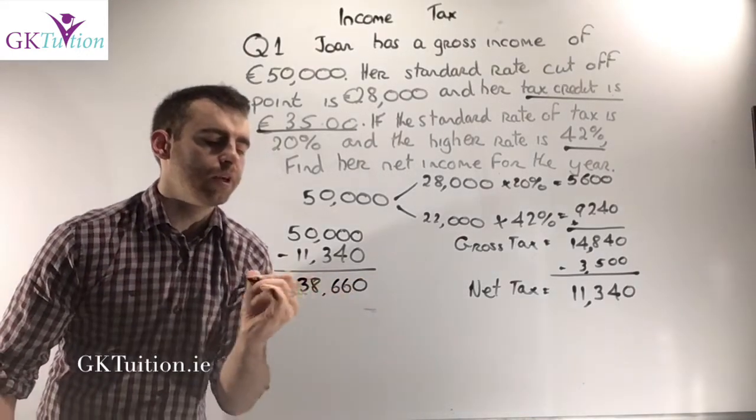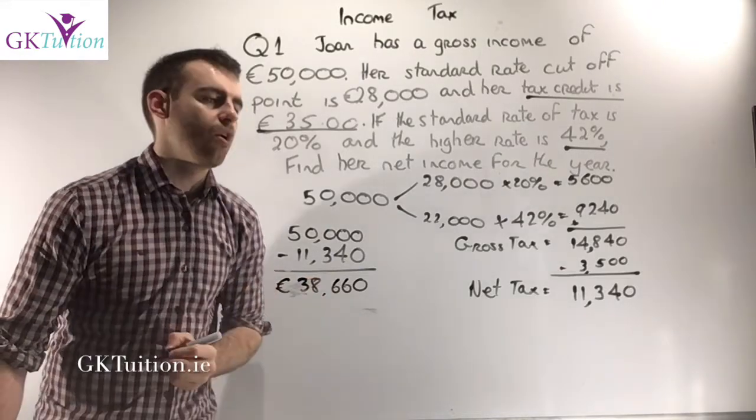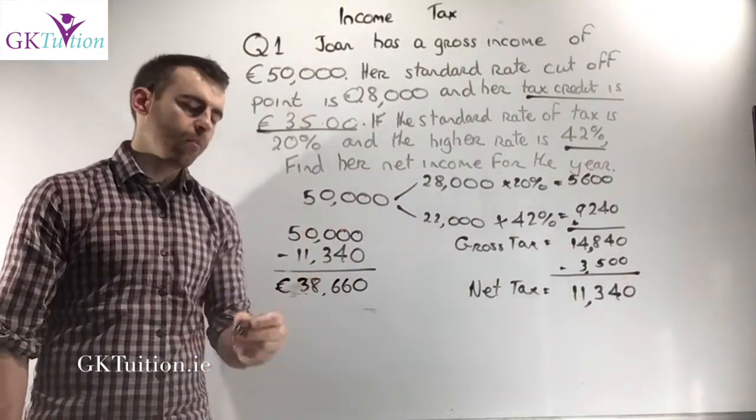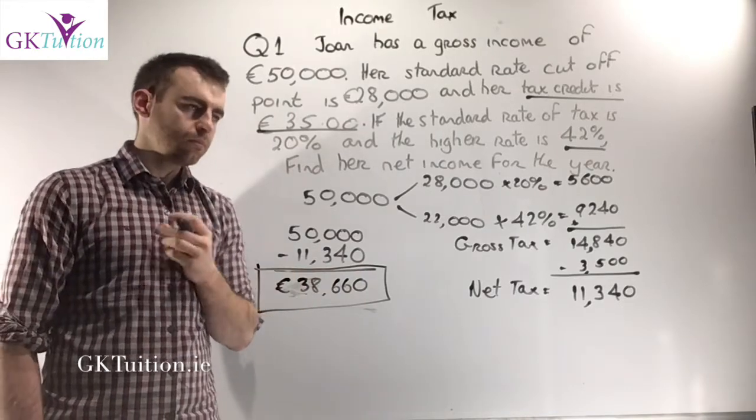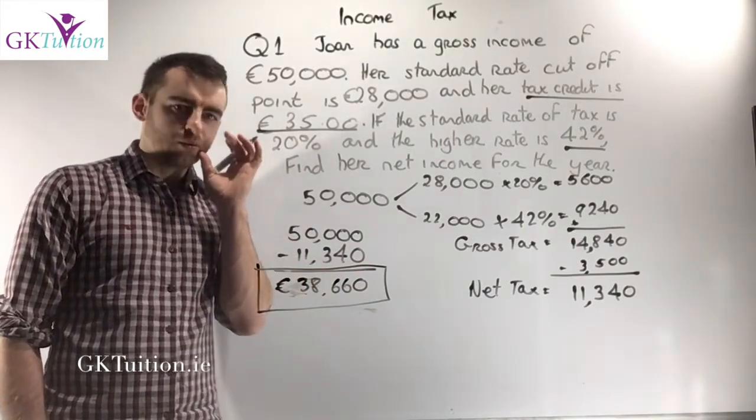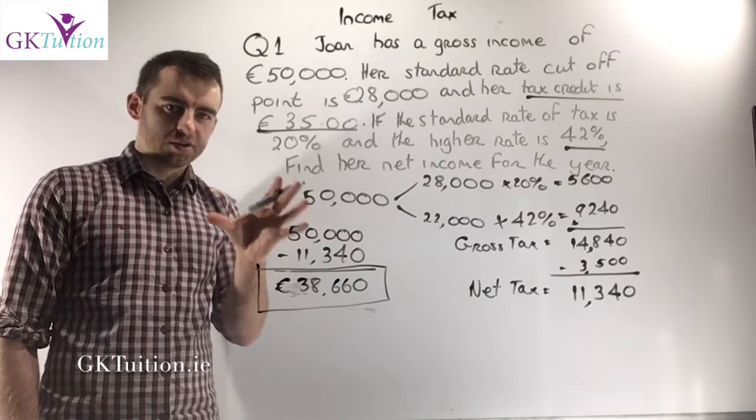So the amount of money that she will actually get to take home, her actual net income, is €38,660.